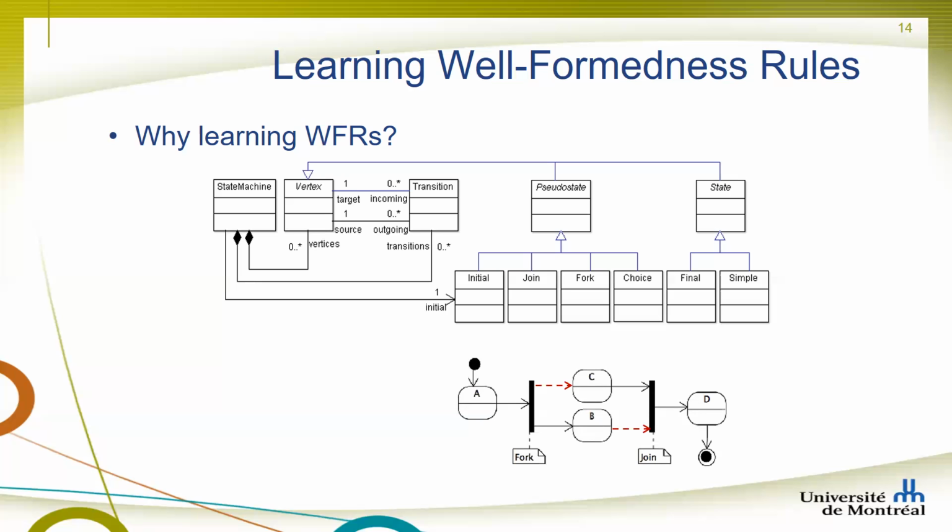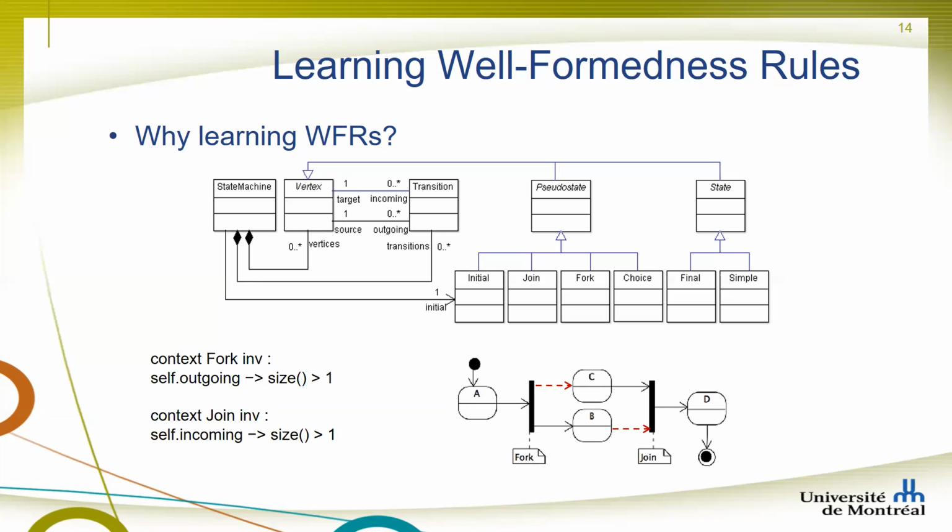I have to add what I call well-formedness rules. These are OCL rules. Let's say if I have a fork, the size of the outgoing edges should be greater than 1. And if I have a join, the size of the incoming edges should be greater than 1, for example. So I have to add these well-formedness rules to complete the description of the language and ensure that the models that I can write will be valid.